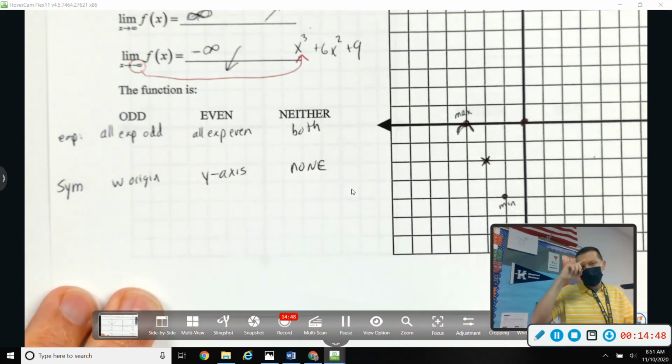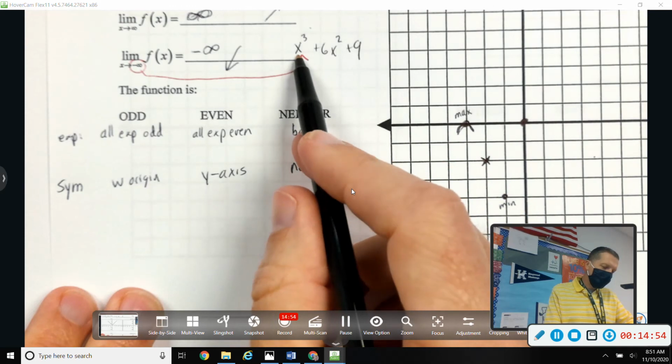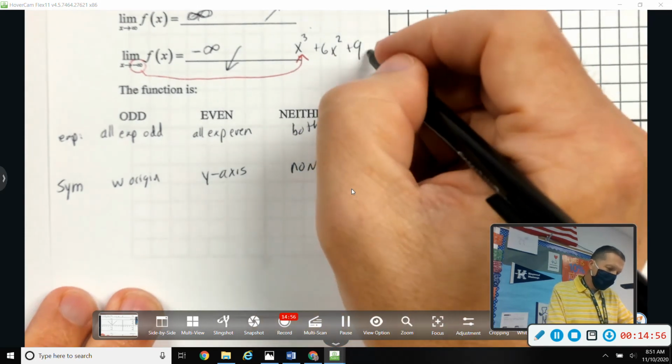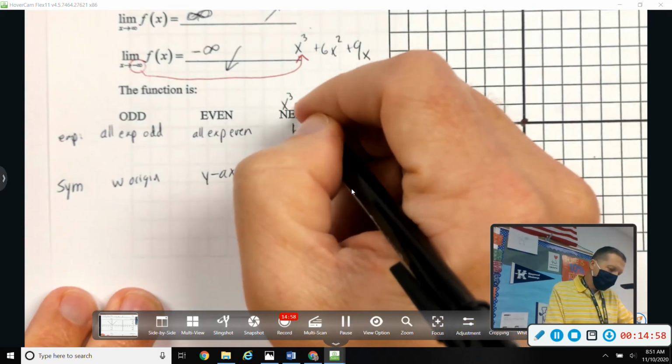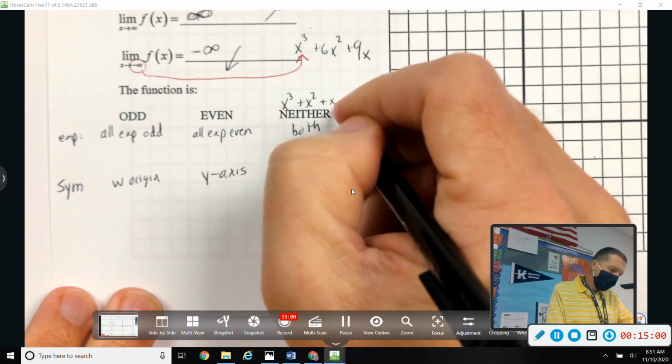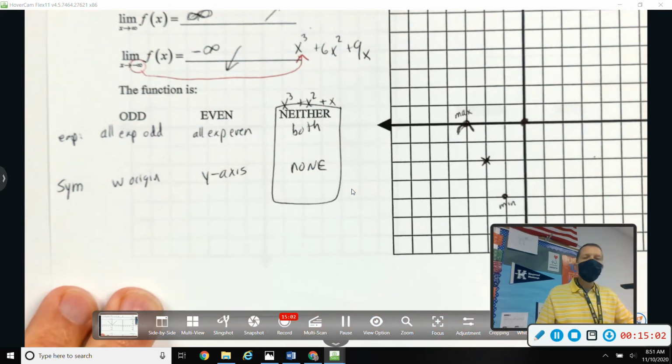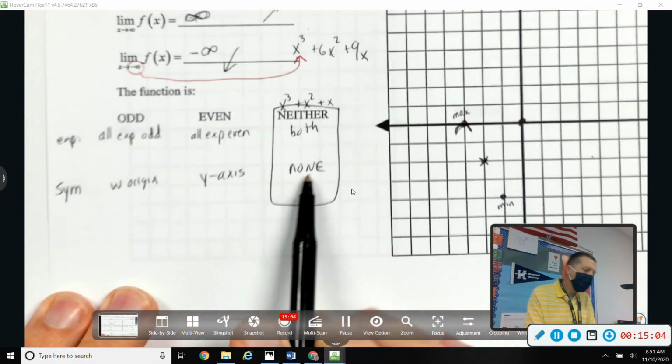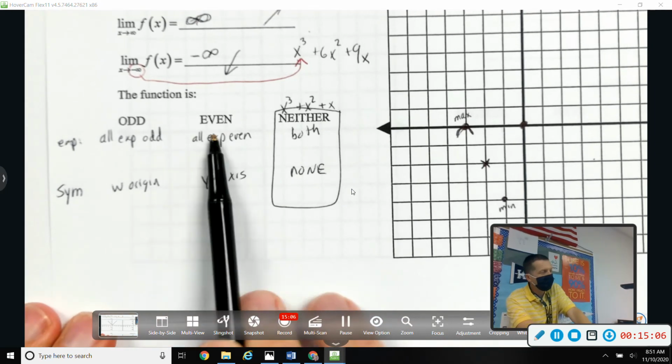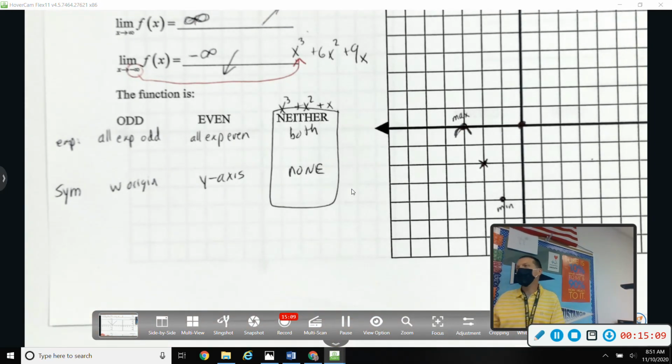And neither doesn't have any symmetry. Well, this has x cubed and x squared and x, so this is neither. This only helps if it's odd or even, which gives you some symmetry that will also help you graph it.